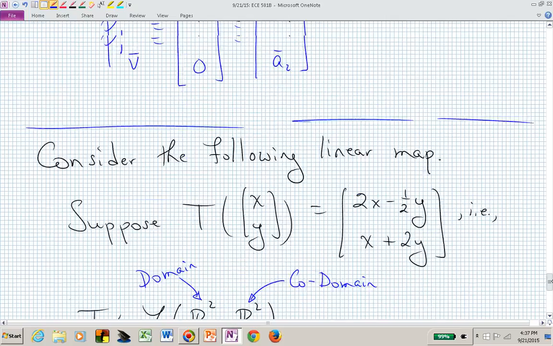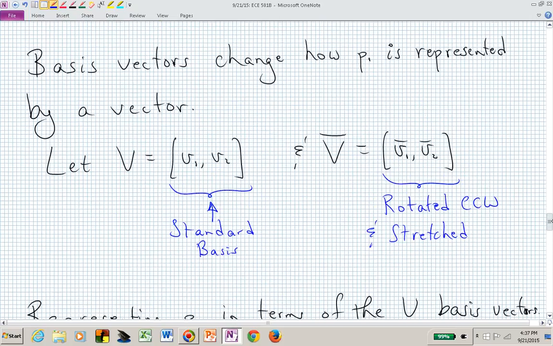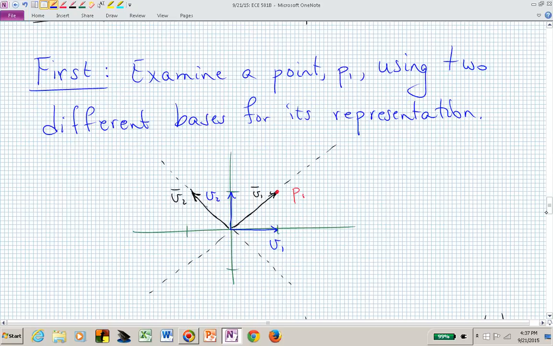Likewise, the V bar and the V also span all of R2, and they don't lie on top of each other, so they're linearly independent. It just so happens that V and W are the same, but V bar and W bar are not the same.